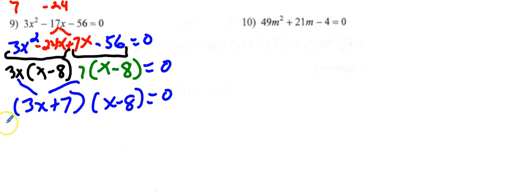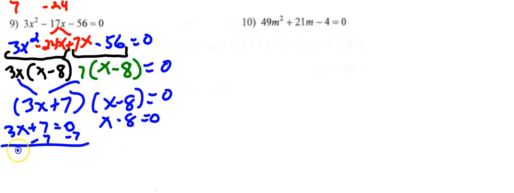Set each equal to 0, and solve. And we'll get our two solutions. We're just using simple algebra now. So one solution is going to be x equals negative 7/3.